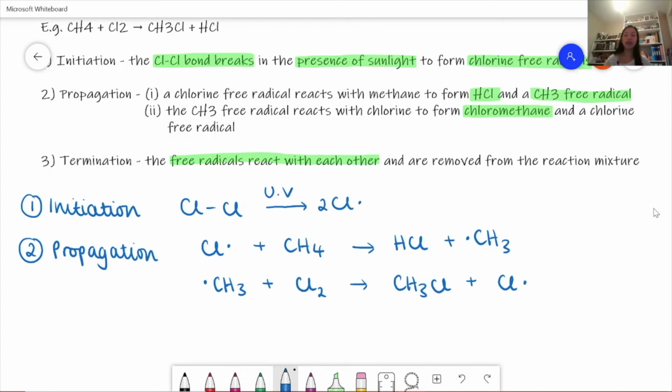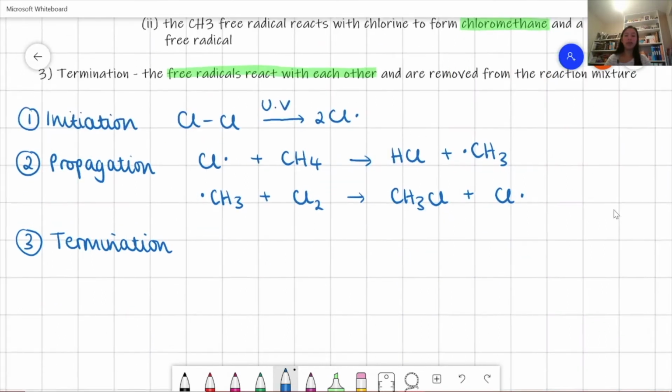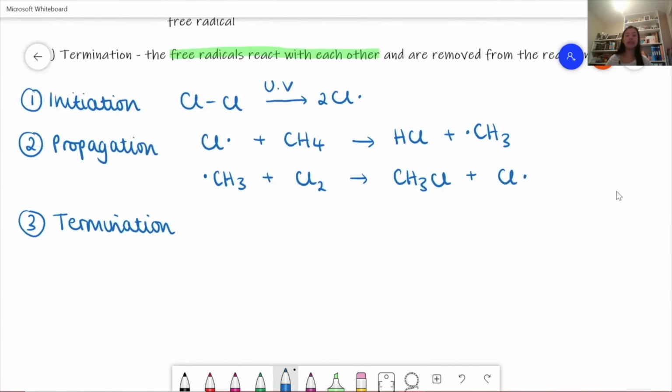And then thirdly, we have the termination step. And what happens here is that 2 free radicals then react together and remove themselves from the reaction mixture. So we can do this in a couple of ways.